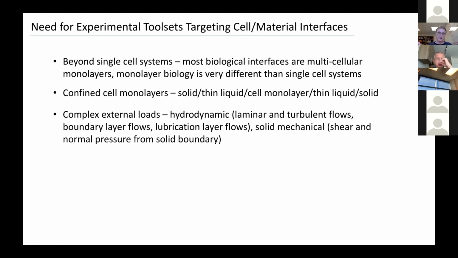Hydrodynamic stress in the form of laminar or turbulent flows has a very strong impact on how cell monolayers behave, in particular the cell monolayers that I have been interested in, which is the inner lining of blood vessels, given my clinical interest. The endothelial monolayer is very attuned to hydrodynamic effects.